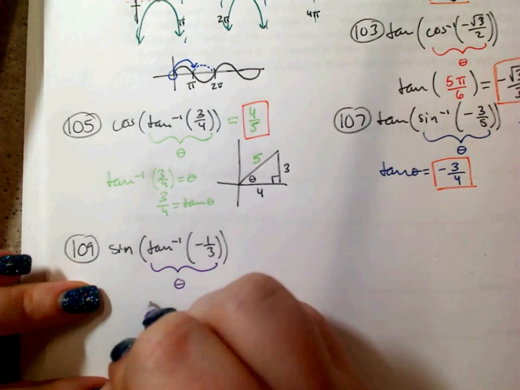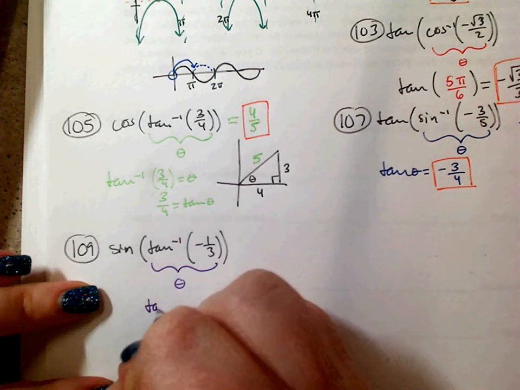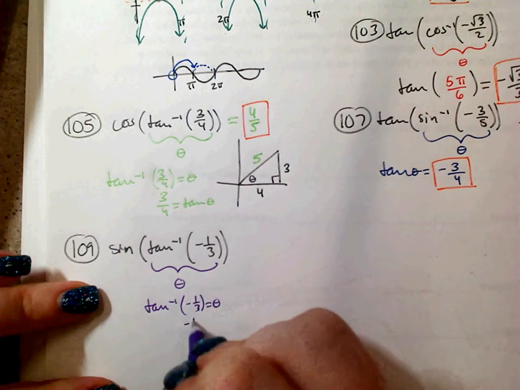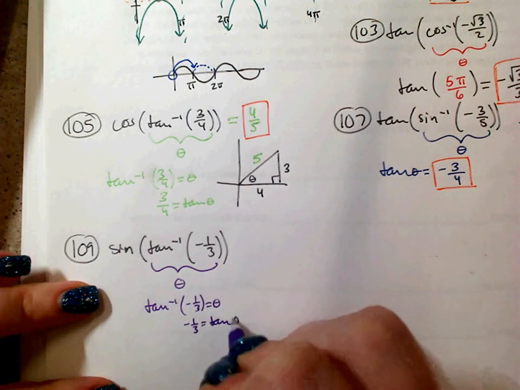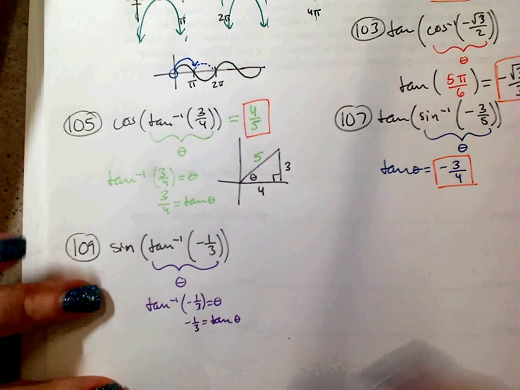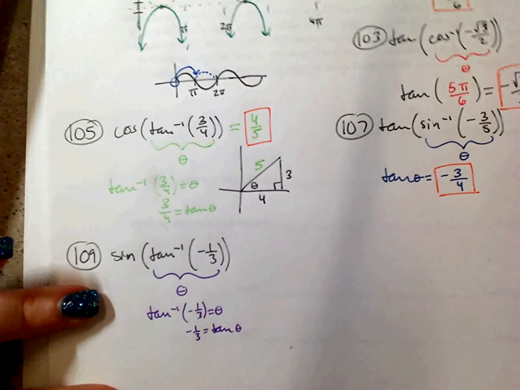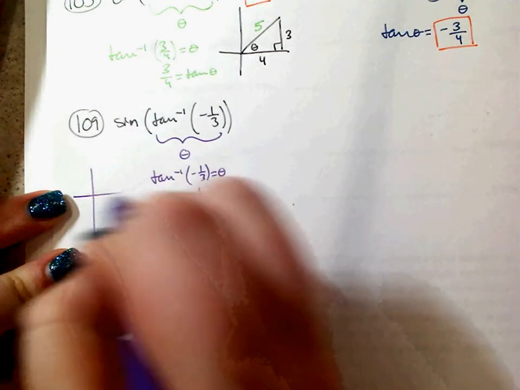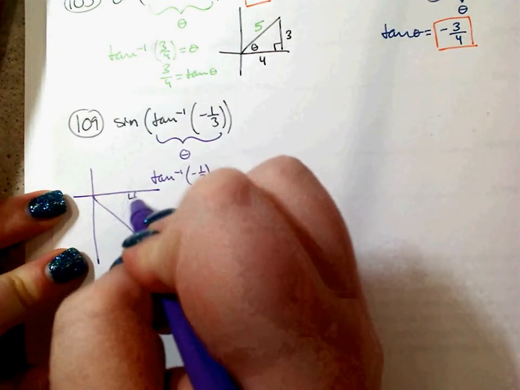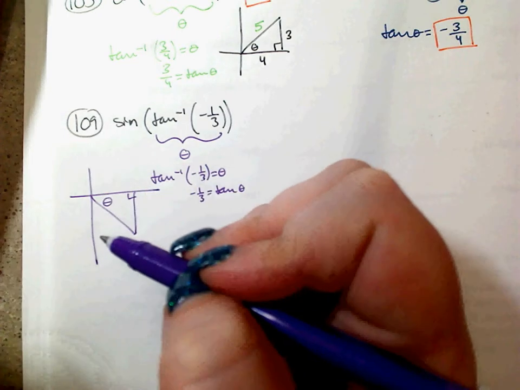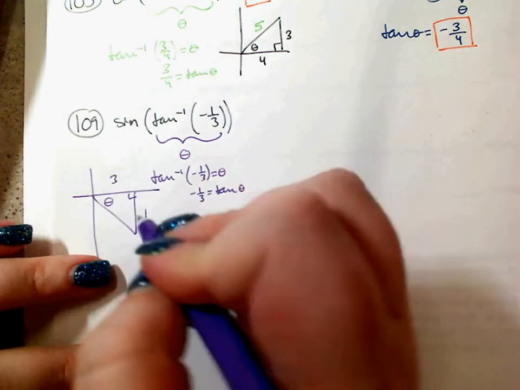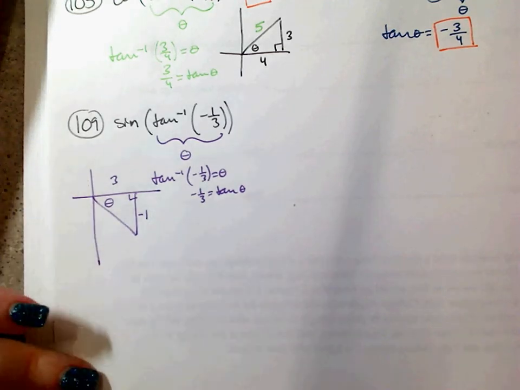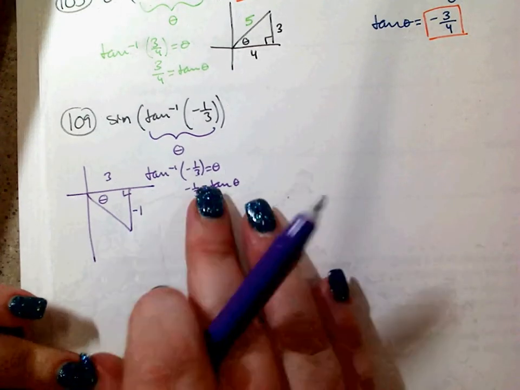So if tan inverse of negative 1/3 is an angle, that means negative 1/3 is tangent of that angle, right? Tan inverse only exists in the first and the fourth, and it's only negative in the fourth. So, draw a triangle in the fourth quadrant. Let that be theta. Tangent is opposite over adjacent, 1 over 3, and the negative goes with the 1 because that's the down direction as opposed to the right direction for the 3.